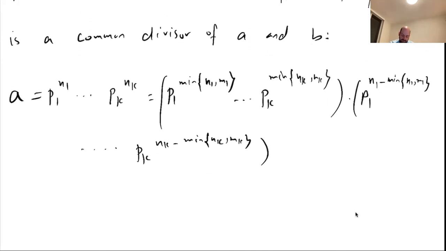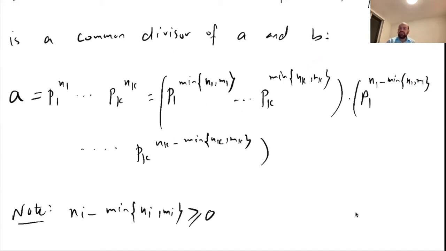I can also mention here, note that Ni minus minimum Ni is bigger than or equal to 0. So please note that I need all the powers to be non-negative, because if a power is negative, then I don't have an integer anymore. In number theory, we are dealing with integers, right?